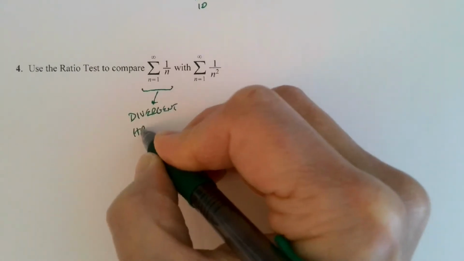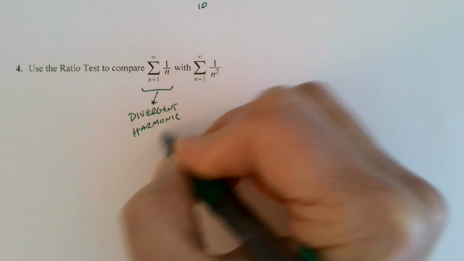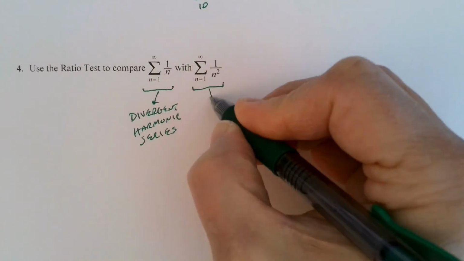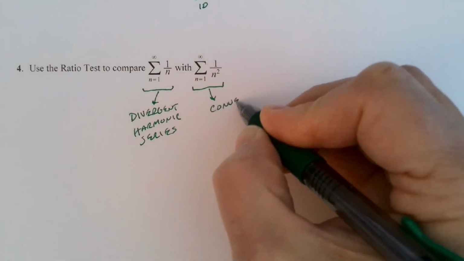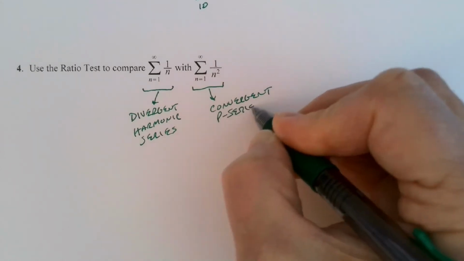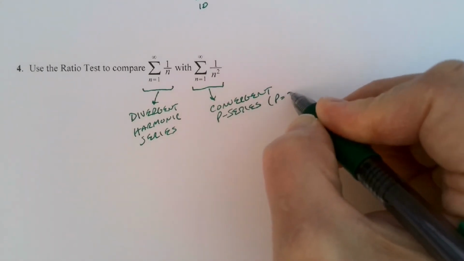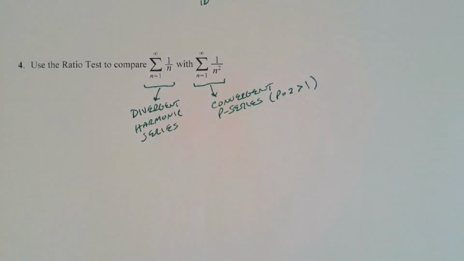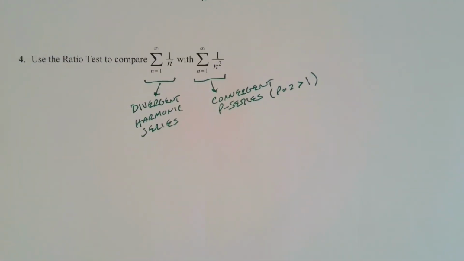It's a harmonic series, or it's a p-series with p equal to 1. This one, on the other hand, is what? Convergent. It's a convergent p-series. Right, p equal 2, which is greater than 1. If p is greater than 1, p-series is convergent. So I just want to use the ratio test in both of these.